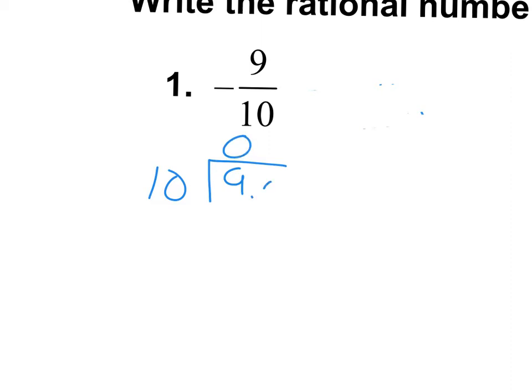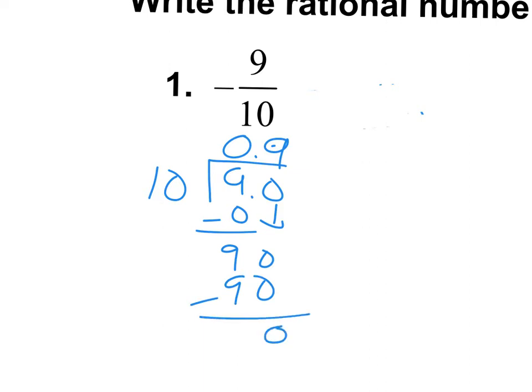I have to add a decimal, add a 0. 10 goes into 90, 9 times, and that's 90. That would be 0 left over. So then I have negative 0.9. Unless it is a repeating decimal, you should have a 0 as your remainder when you divide.